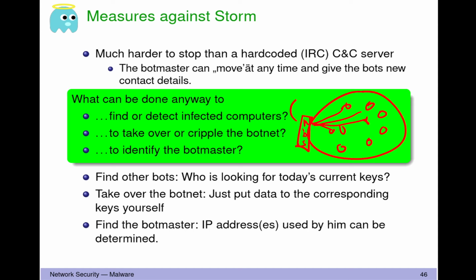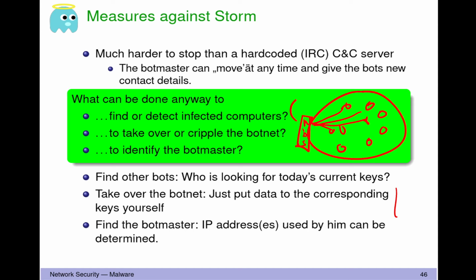Okay. Good. So that would be something. How can you take it over? You put a key yourself in this P2P network under that key, and basically block the attacker from putting his key.